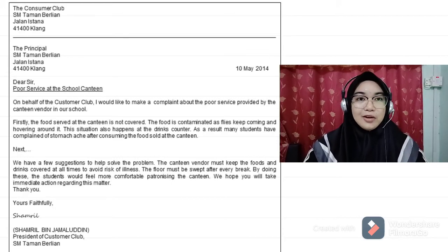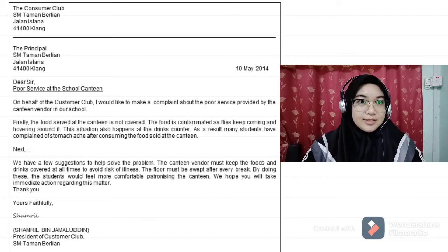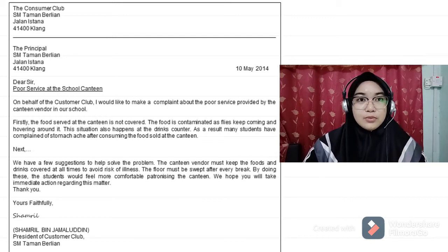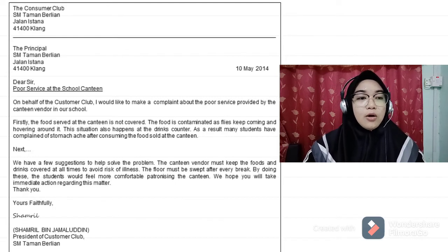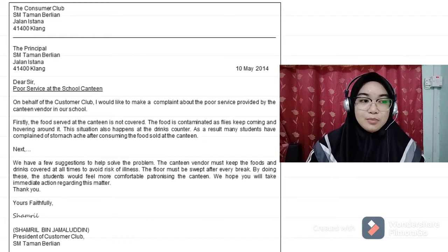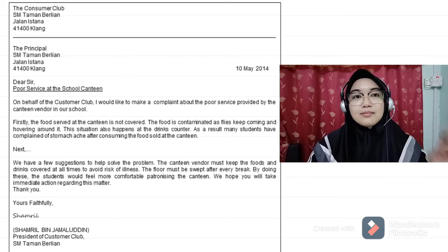Then the next part of the letter is the content. The first one is the introduction. For instance, "On behalf of the customer club, I would like to make a complaint about the poor service provided by the canteen vendor in our school."